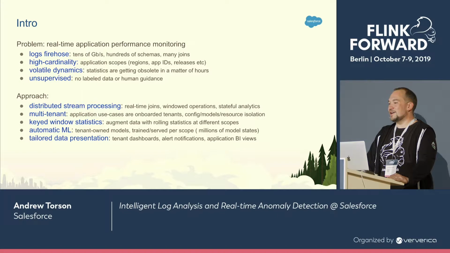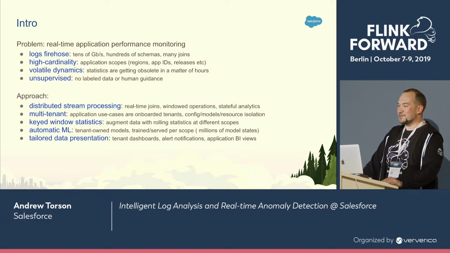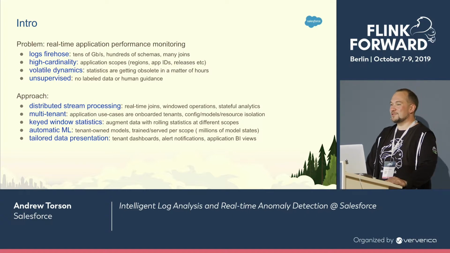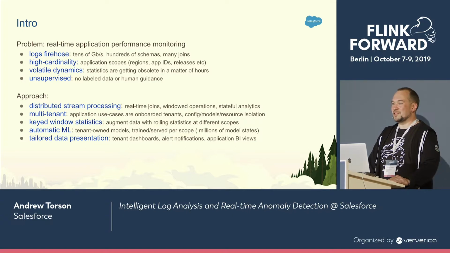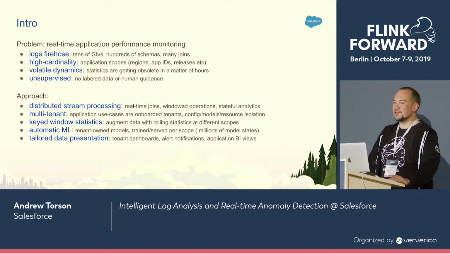Your pipeline that trains and delivers models should be running specifically for each tenant. So again, another challenge. The number of models that will be trained and served will be in the range of millions. So there will be hundreds, if not thousands, of models being trained in parallel, and there will be a big repository of model metadata and some offline storage where the model states will be delivered.